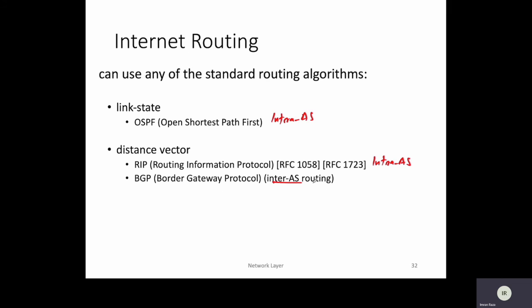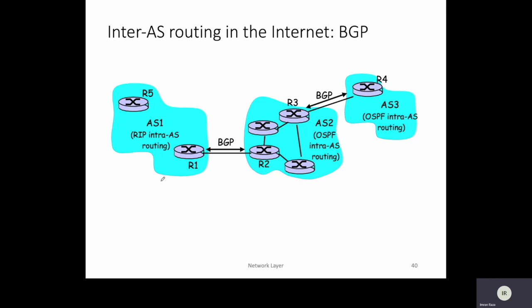Whereas BGP, Border Gateway Protocol version 4, is for inter-autonomous system routing. Okay, so this diagram shall help us to understand the working of Border Gateway Protocol, which is the de facto standard for routing in between the different autonomous systems.